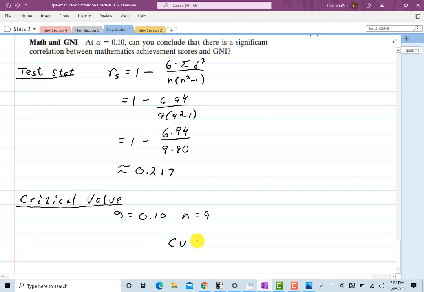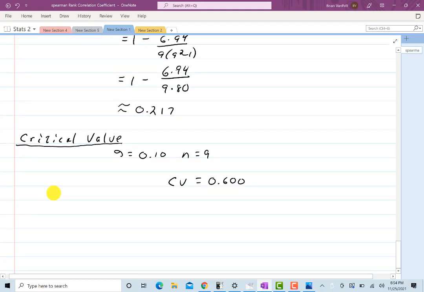So CV equals 0.600. Now, since my test stat, since R sub S is less than CV, we do not reject H sub 0.